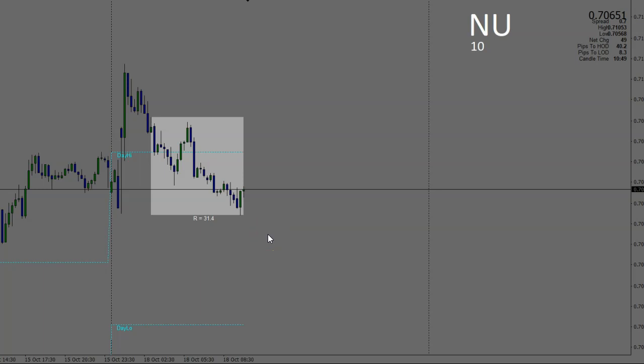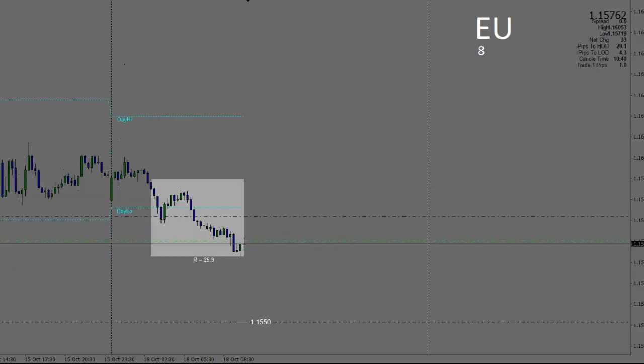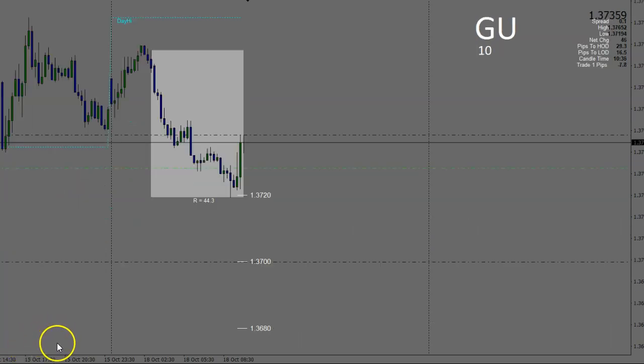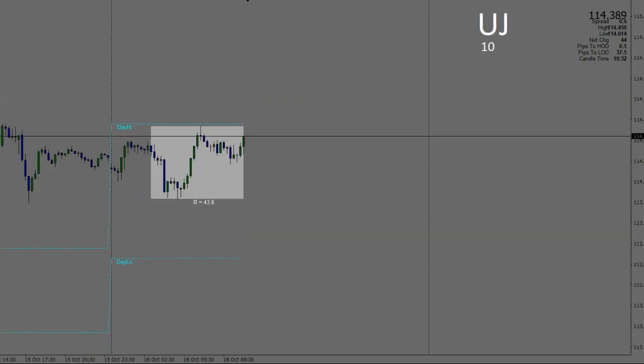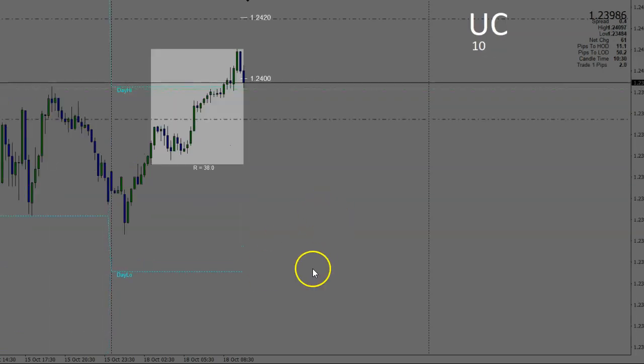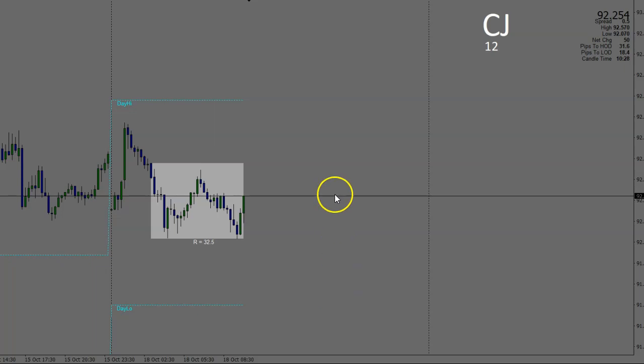So I'm still only down 5 pips, and I'm still holding the Euro US dollar. Let's flick through. Still holding Euro US dollar, Pound US dollar, just about. What else was it? US dollar, Canadian dollar, and that's it. Okay, I'll pause again and I'll be back with you in a little while.